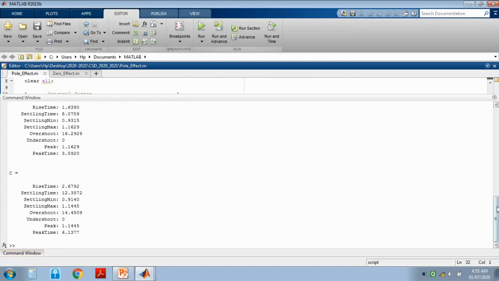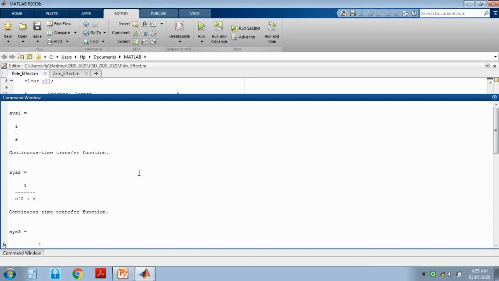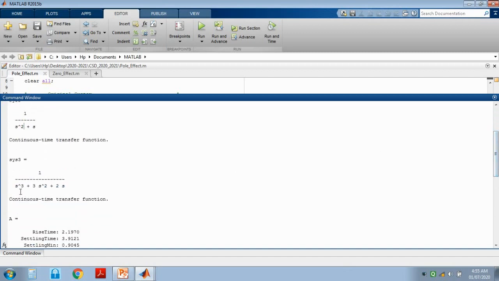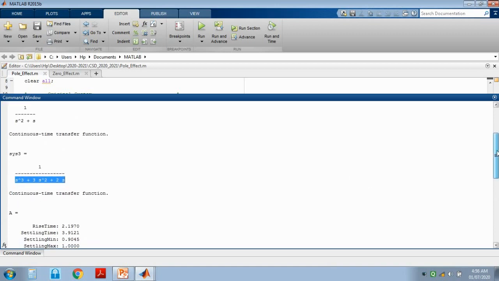Here in the command window we have the first transfer function, G(s) equal to open loop gain K times 1 upon s. So this is system 1. Similarly, system 2, that is 1 upon s into (s plus 1), and system 3, 1 upon s into (s plus 1)(s plus 2). If we solve that, we have this polynomial, 1 upon s cubed plus 3s squared plus 2s. Now these are the three systems.